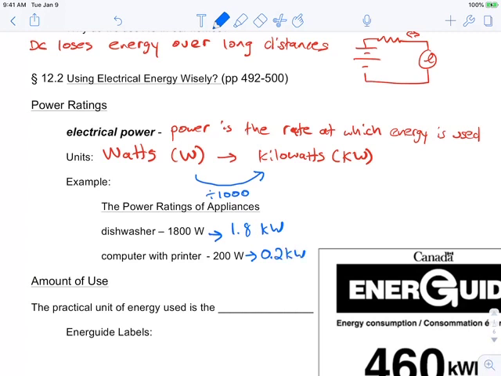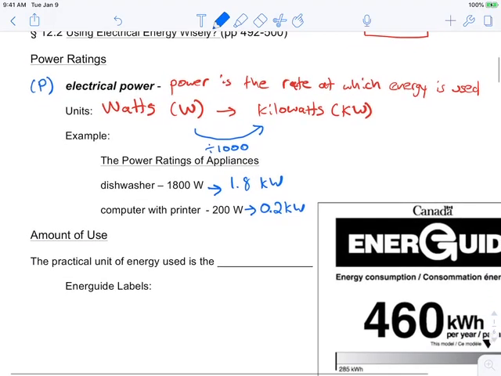Okay. Whenever we are talking about power, that's normally represented by the symbol P, so an uppercase P for power.